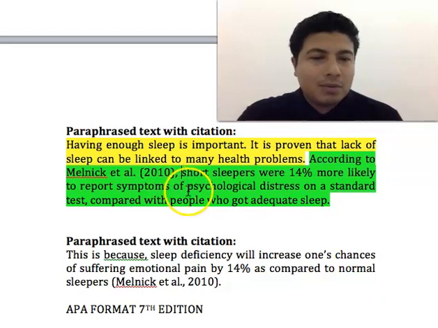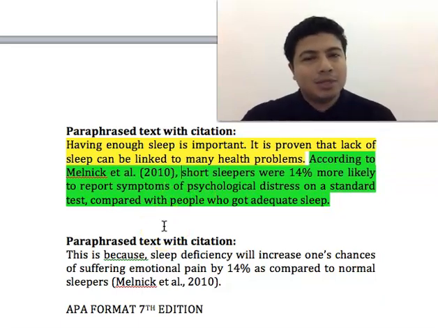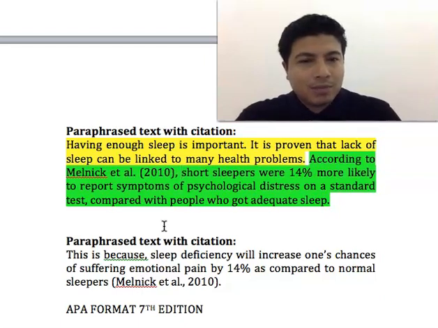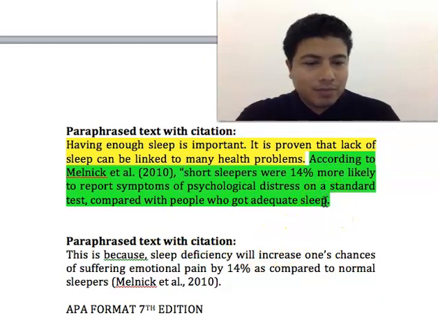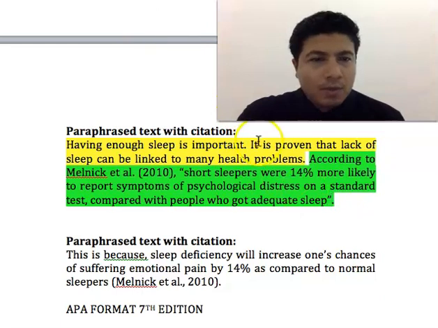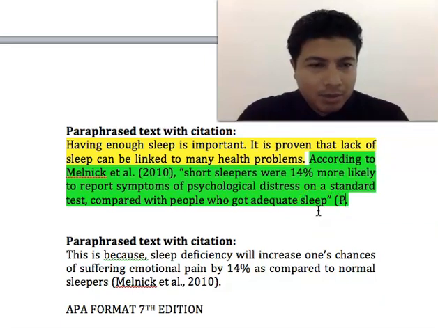If you do not want to change anything because perhaps it is a quotation, something that you cannot change because it will distort the meaning, what you can do is put the quotation mark like this. When you put a quotation mark, it is also required for you to put the page number if you have it.